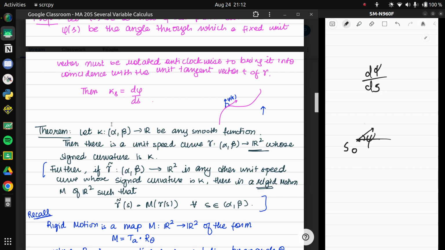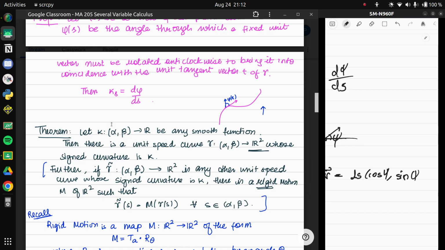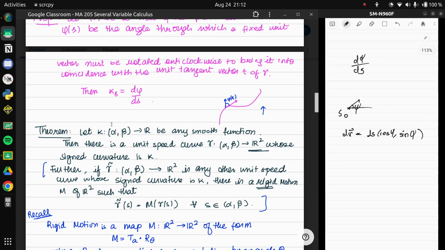So what this gives us is the dr vector, that's just equal to ds times (cosine psi, sine psi). So your psi is fixed when this happens. You can rewrite this whole thing as ds e power i psi.